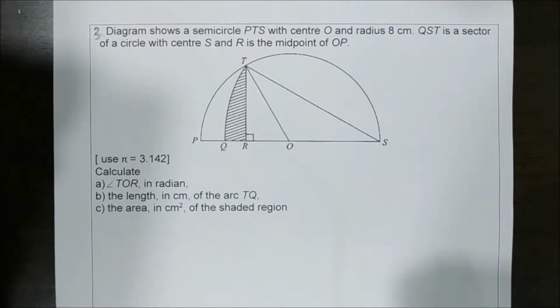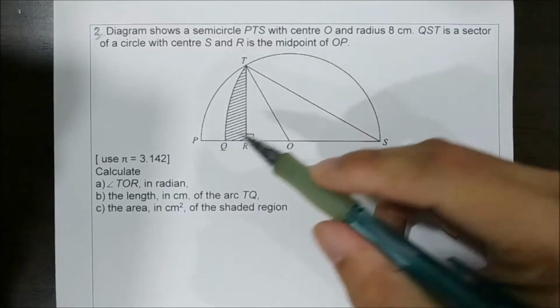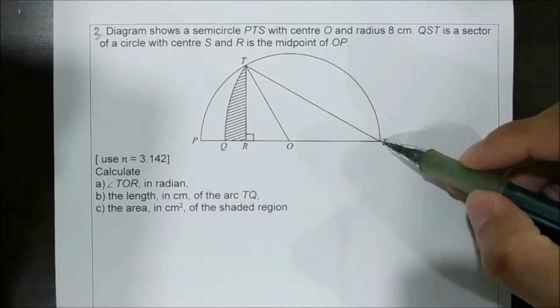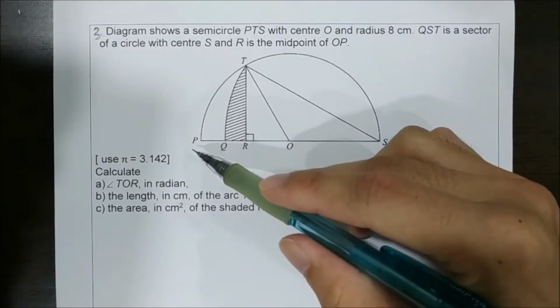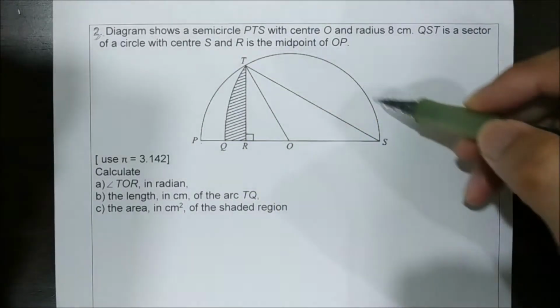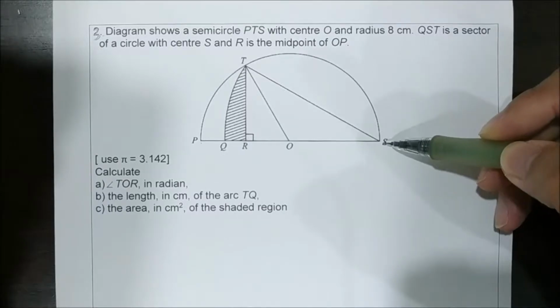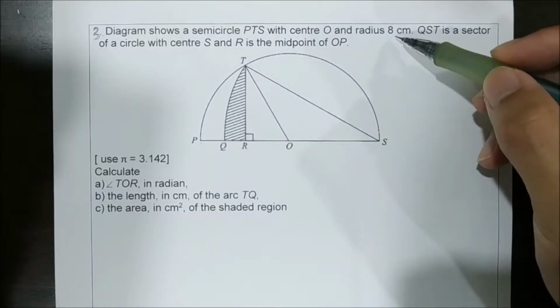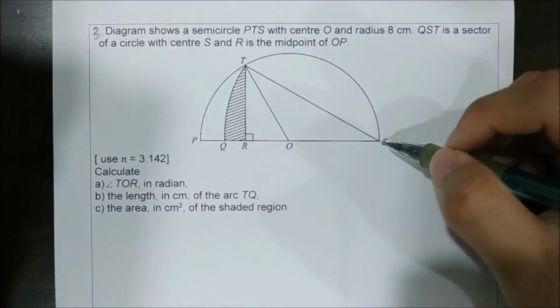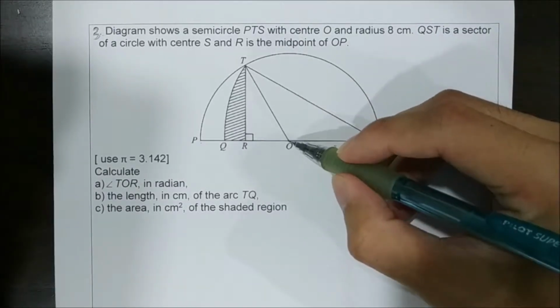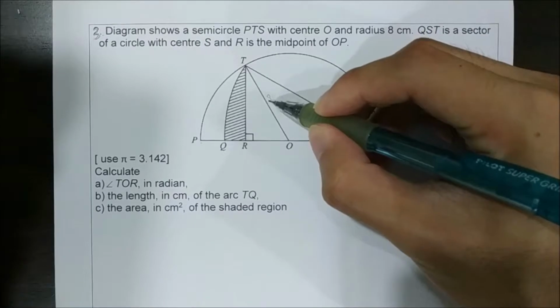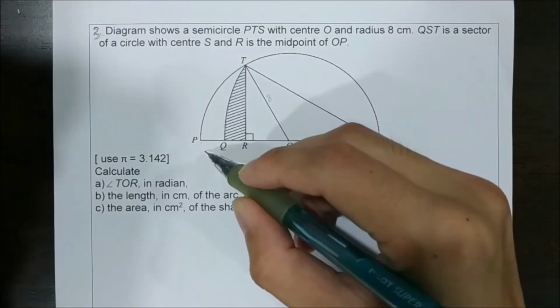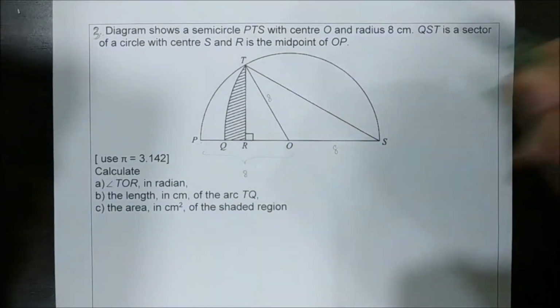Question number 3. Diagram shows a semicircle PTS. So PTS is a semicircle with center O and radius 8 cm, means from O to S is 8, from O to T is 8, from O to P, from here to here is 8.